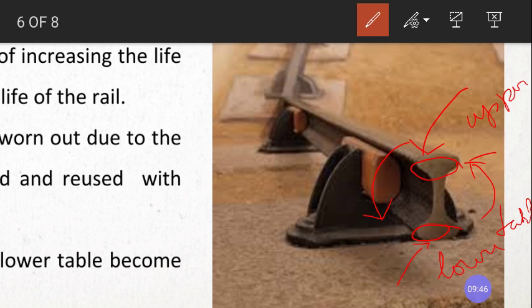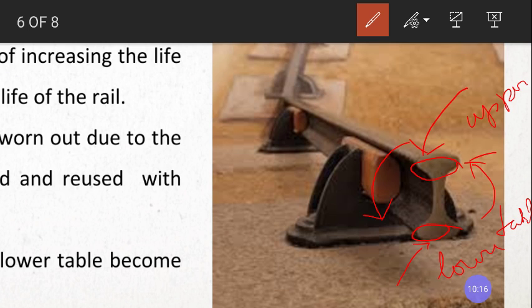So this was their thinking for going for the double-headed rail. We can use the lower side of the head of the rail when the upper head is worn out, so we can save money. We just have to turn the rail such that the worn out side goes downwards and the downward side comes upwards, because the head size is the same, it will act the same. But this could not happen.